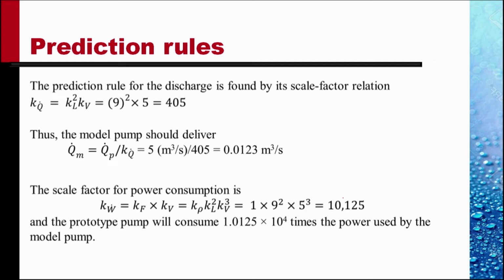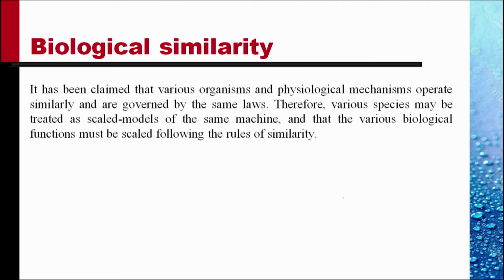I hope you appreciate the ease with which you can make the prediction rules based on simple relations of scale factors. Let's do another example, an interesting example of biological similarity.